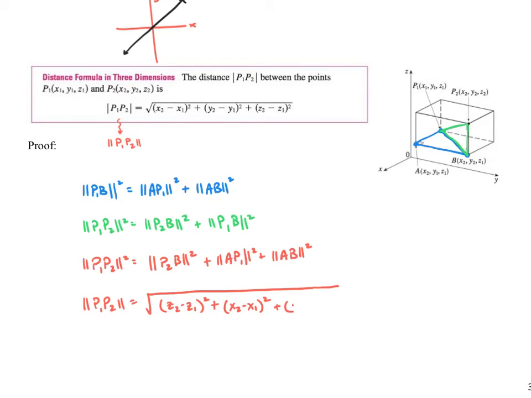So we simply have y2 minus y1, and we square it. And again, you can arrange it a little bit, and you will have your distance formula. So really easy proof, kind of a fun one. You most likely have seen that in the past, but I like to show that one just because it's a nice little intro proof.